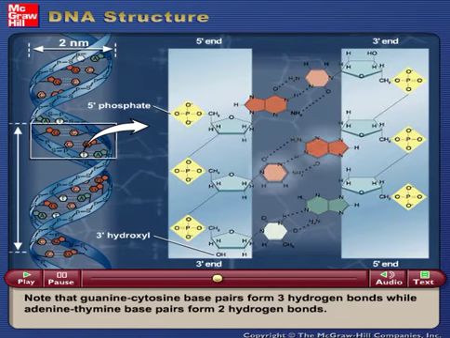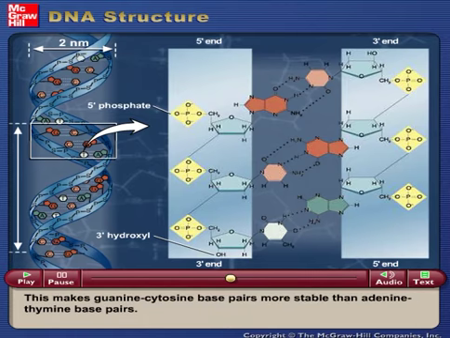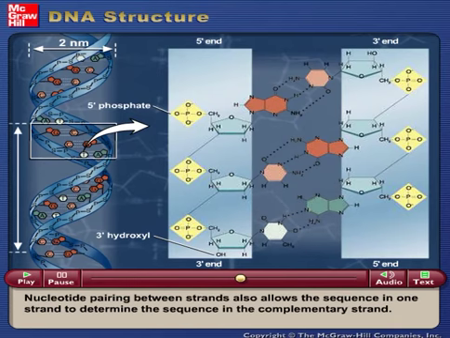Note that guanine-cytosine base pairs form 3 hydrogen bonds, while adenine-thymine base pairs form 2 hydrogen bonds. This makes guanine-cytosine base pairs more stable than adenine-thymine base pairs. Nucleotide pairing between strands also allows the sequence in one strand to determine the sequence in the complementary strand.